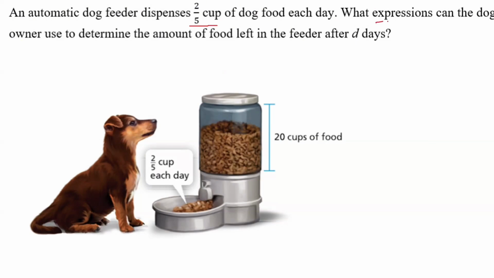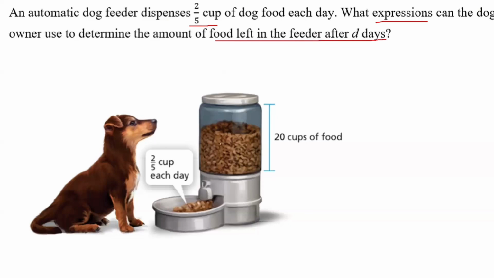What expression can the dog owner use to determine the amount of food that is left in the feeder after the days? So what the question is asking us to find is to write an expression to represent this situation to show the amount of food left in the feeder after a number of days.